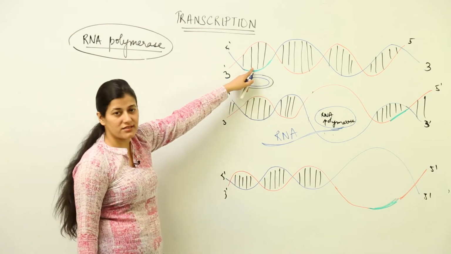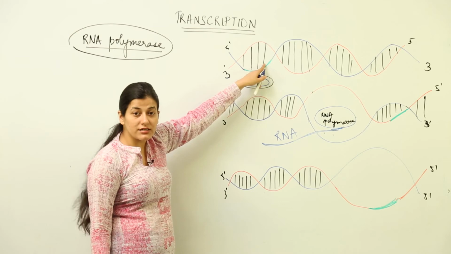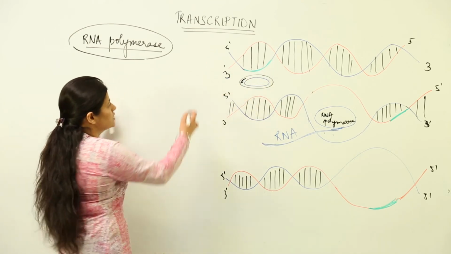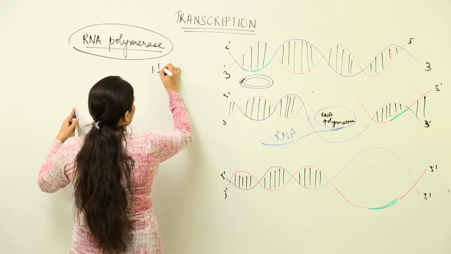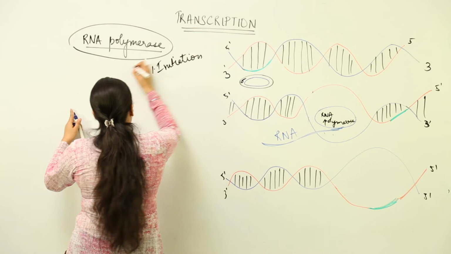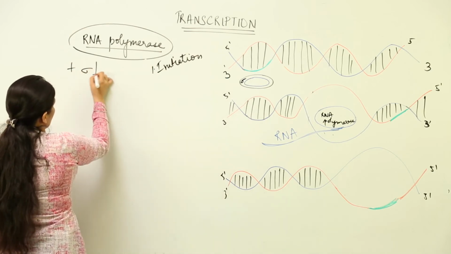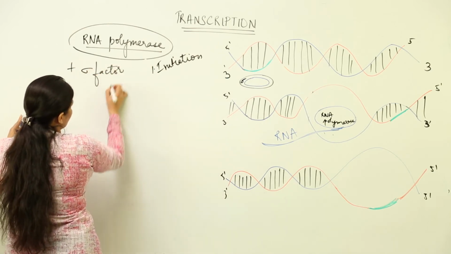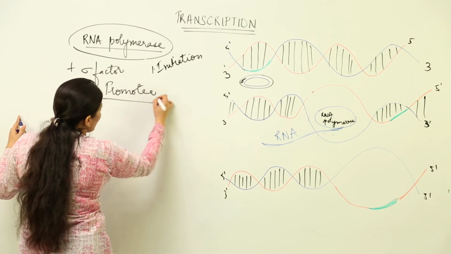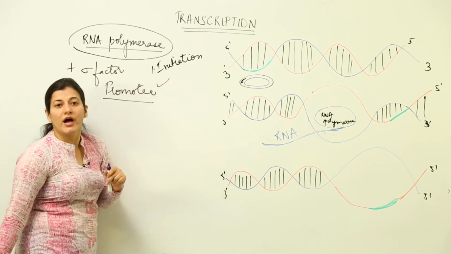This identifies the promoter region, it enters it, it uncoils, it starts forming the mRNA. So, this point is the point of initiation where RNA polymerase combines with sigma factor, identifies the promoter sequence of the transcriptional unit and starts the transcription.